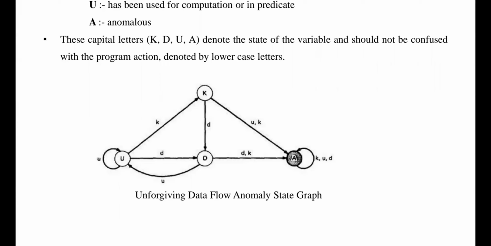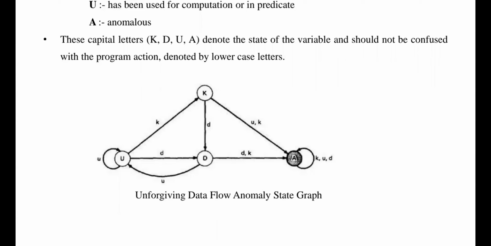It does not allow that particular data object to go to any defined state or usage state. Whereas in the forgiving model, it returns the flow again to the working state. That is the difference between unforgiving and forgiving. So there are two different ways: the unforgiving data anomaly state graph and the forgiving data anomaly state graph.